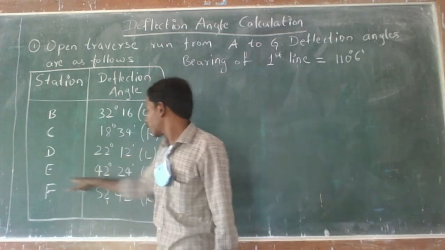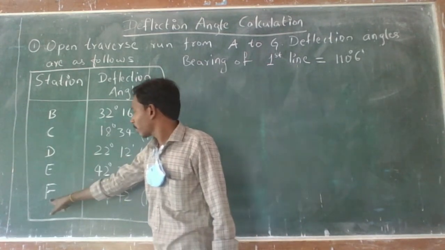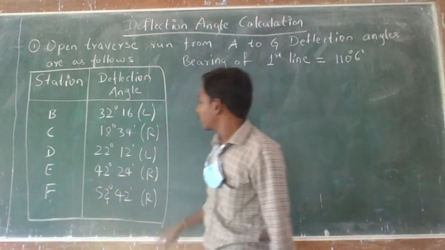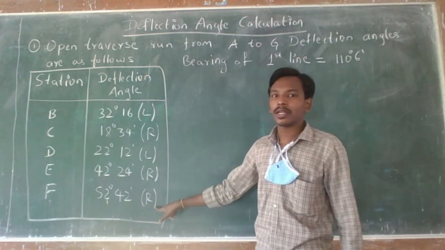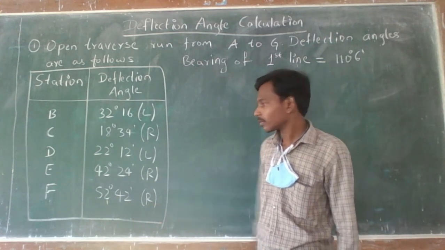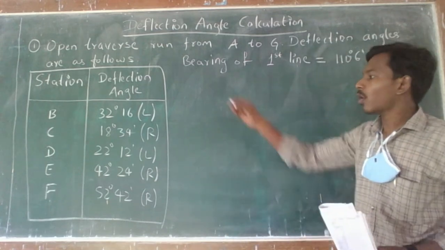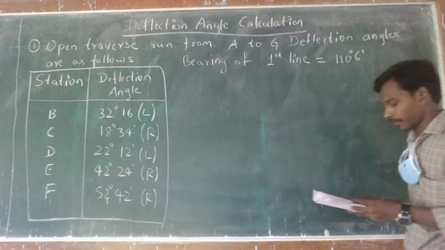Station E has 42 degrees 24 minutes right. Then the last station F has deflection angle of 52 degrees 42 minutes and the deviation is right side. So now let's calculate the bearings of all the remaining lines.